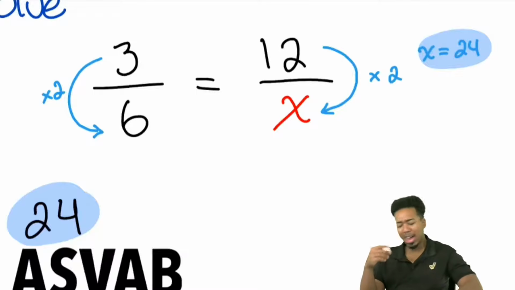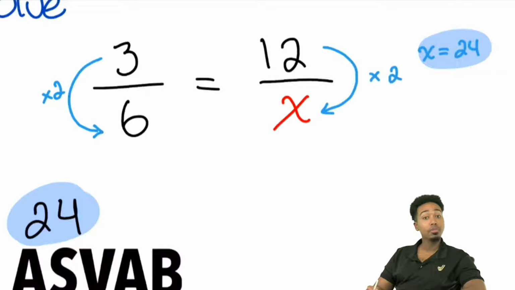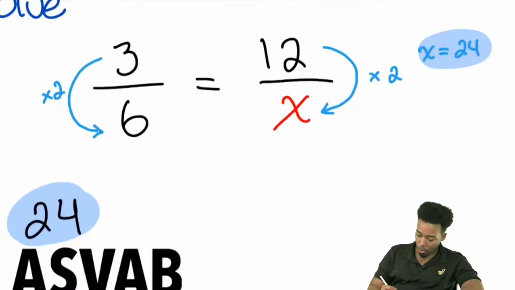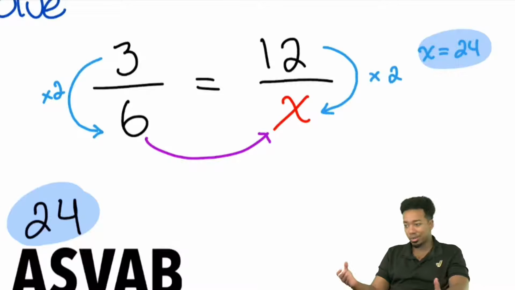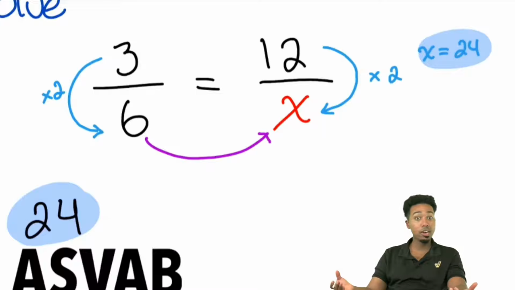Okay, can I compare left to right? Yeah, absolutely can. If I wanted to go from, let's say 6, let's use purple here. If I wanted to go from 6 to the answer, well, I don't know what the answer is, so I don't know what the scale is.